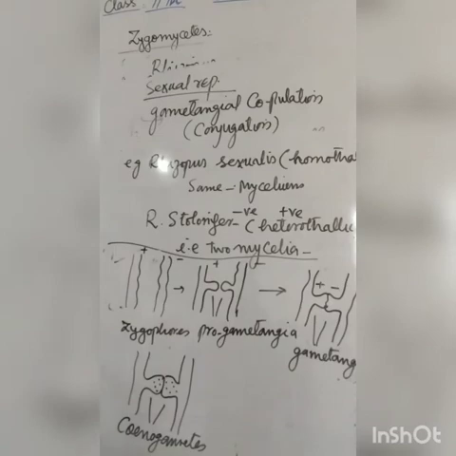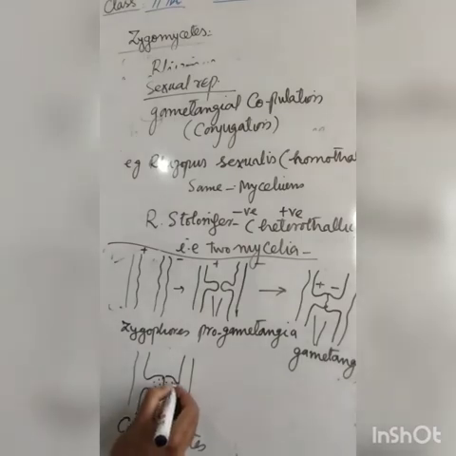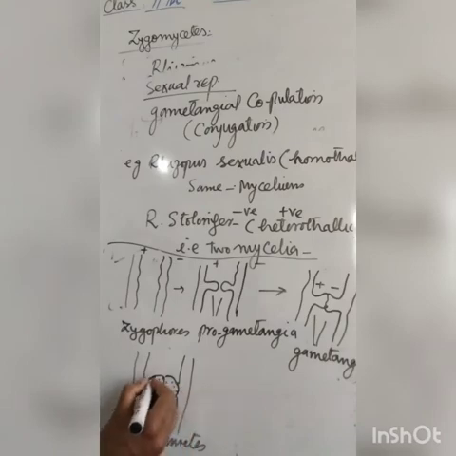They form a common wall after the fusion of the two gametes. The part that does not take part in sexual reproduction is called the suspensor.